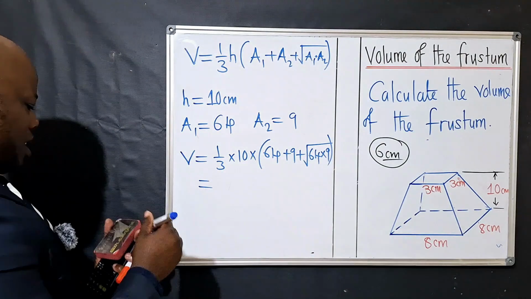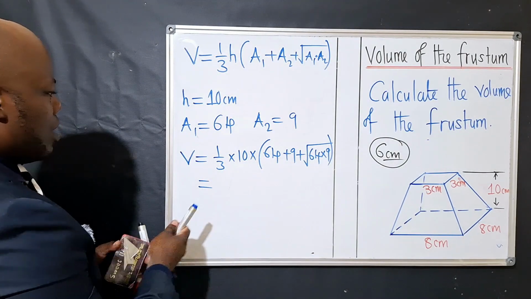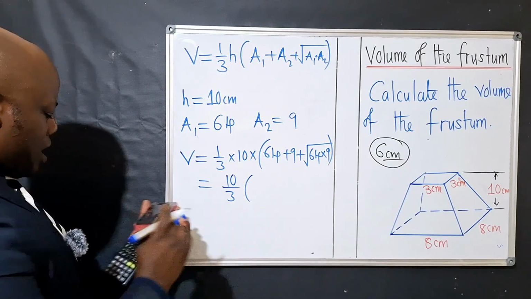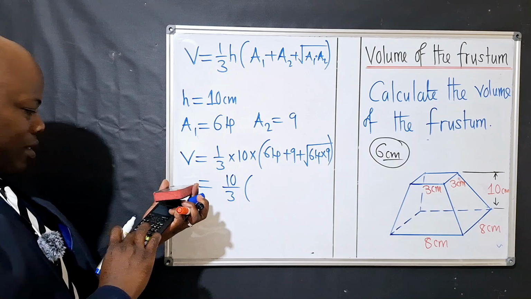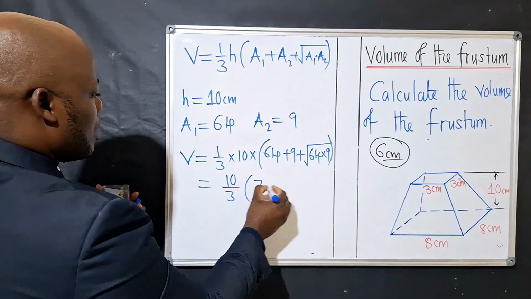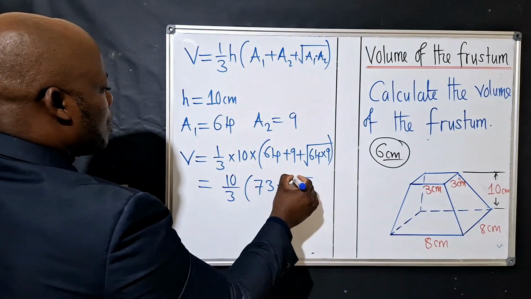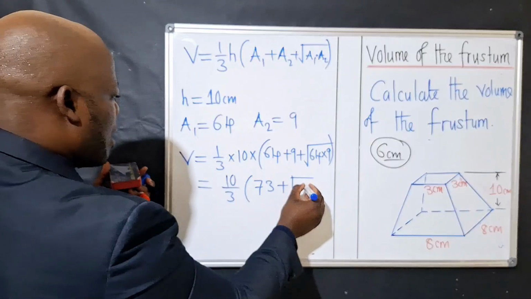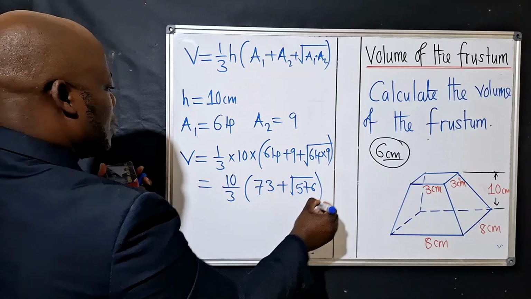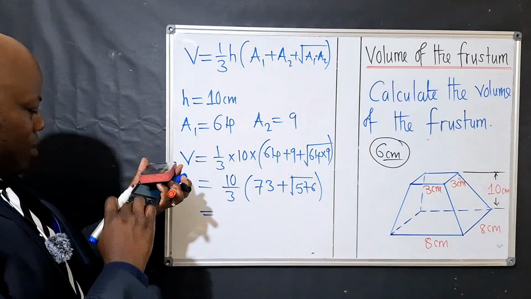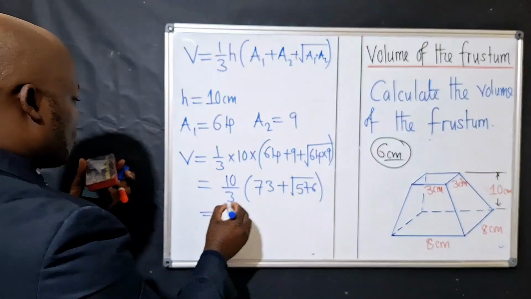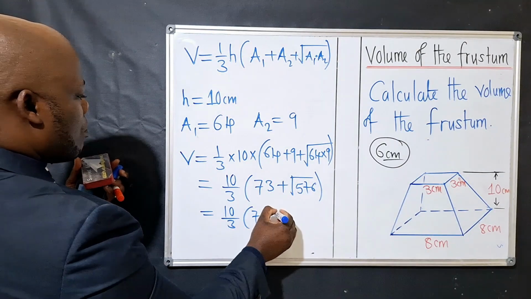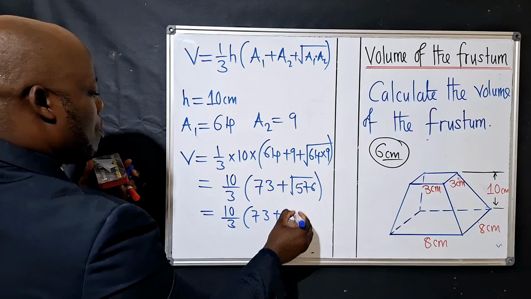So here it will be like this when you simplify. 10 over 3, and then here 64 plus 9 will of course give us 73 plus square root of 64 times 9, it's giving us 576, and when we find its square root, it's giving us 24. So it will be 10 over 3 times 73 plus 24.